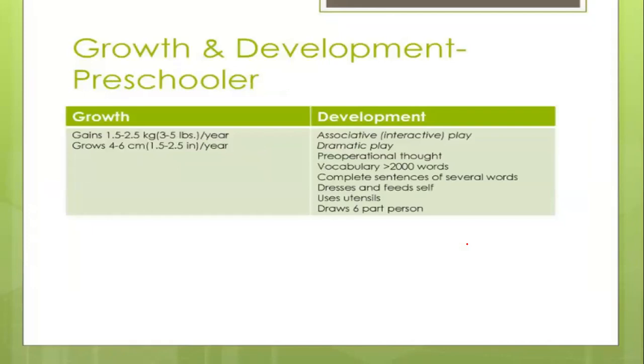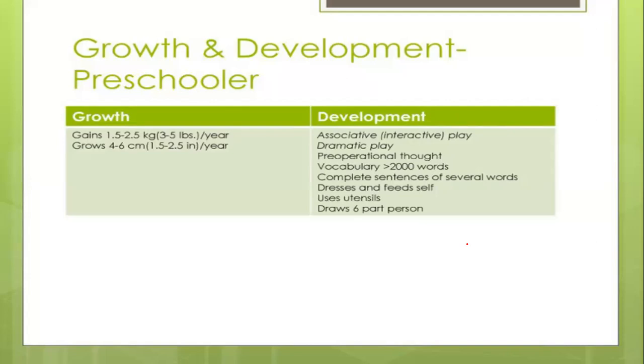And as a preschooler, the growth diminishes from what we saw before to 1.5 to 2.5 kilograms per year, and grows from 4 to 6 centimeters per year. When it comes to development, it is associative, interactive play, dramatic play, pre-operational thought.